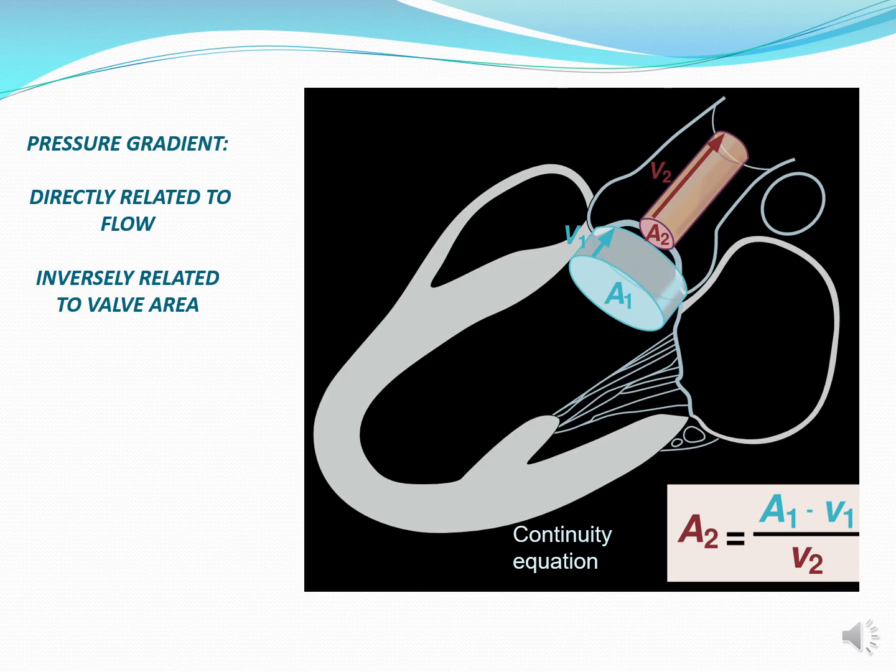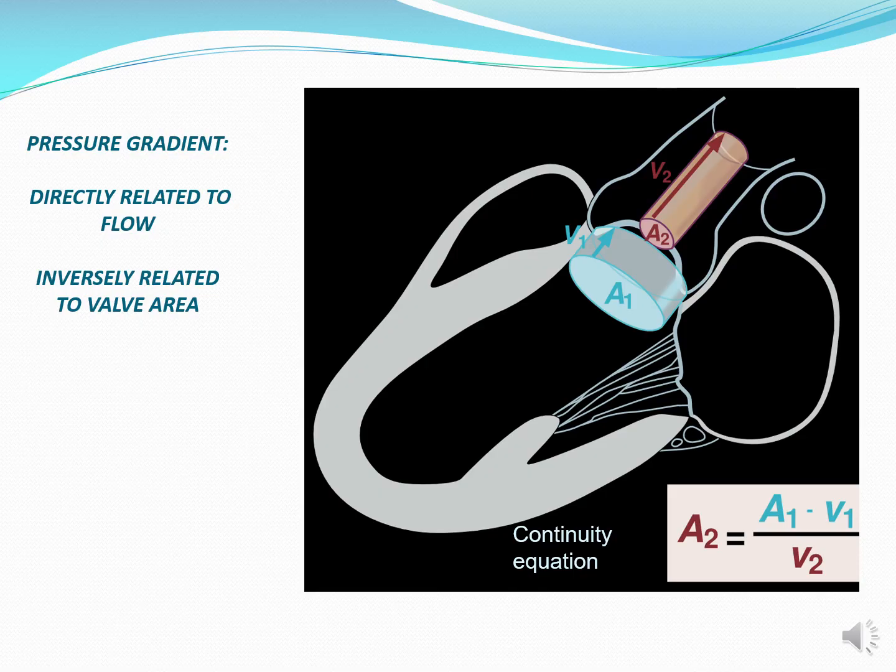I will not belabor this point, but just to tell you that there's a simple calculation, A2, which is the stenotic area. We measure the other values, the V1 and V2 we can measure, and we can measure the area simply by echocardiography, the diameter of the left ventricular outflow tract, and calculate the area, and hence we get the orifice area.